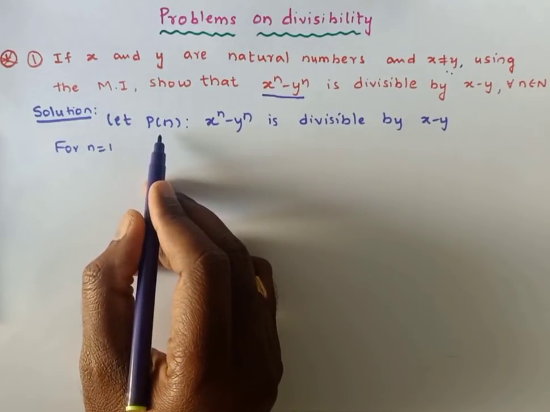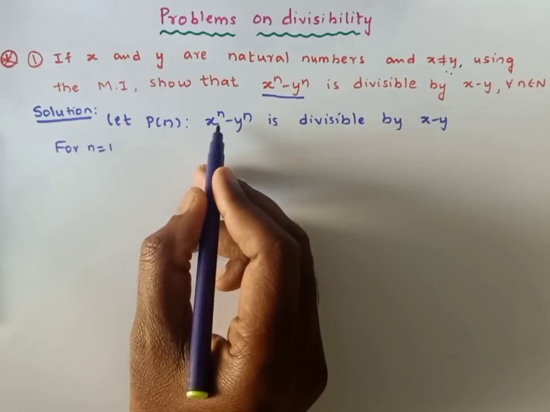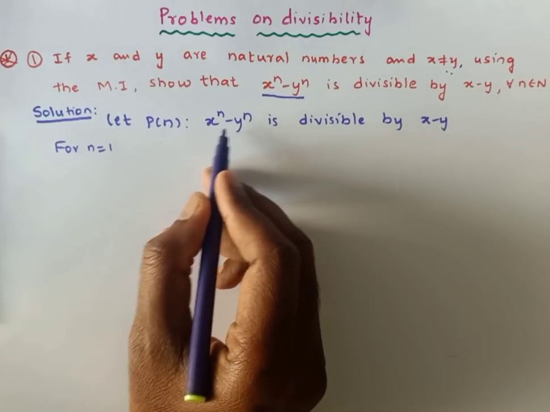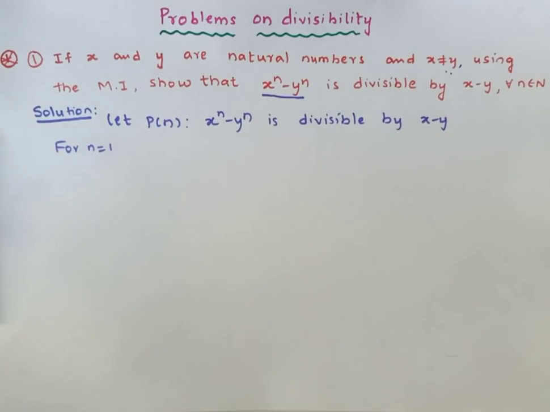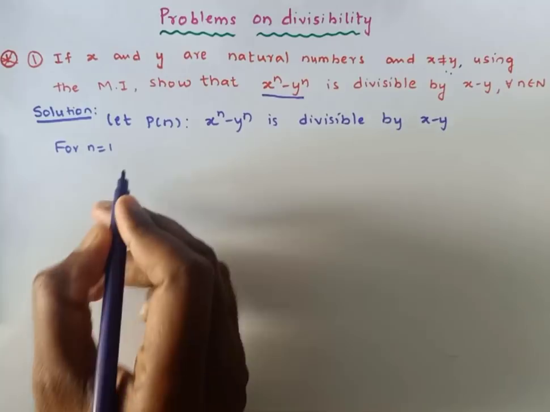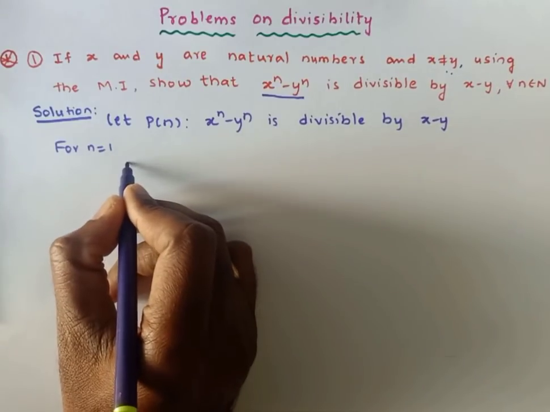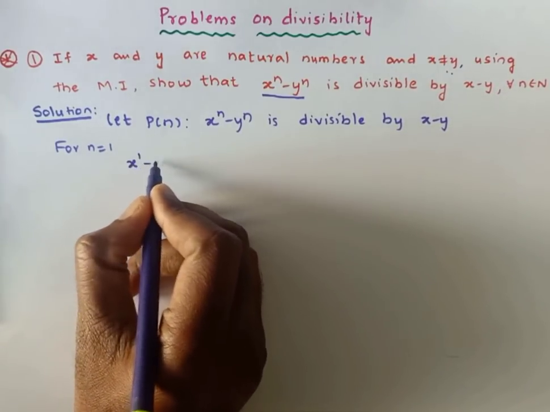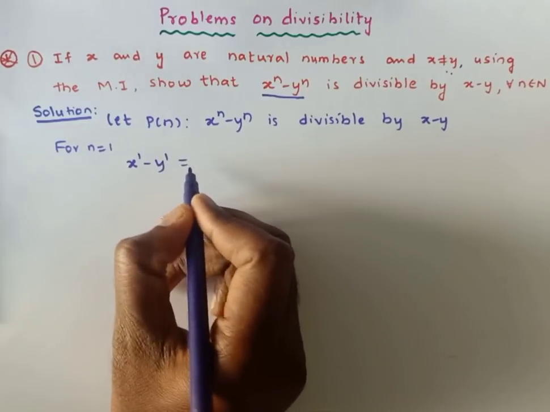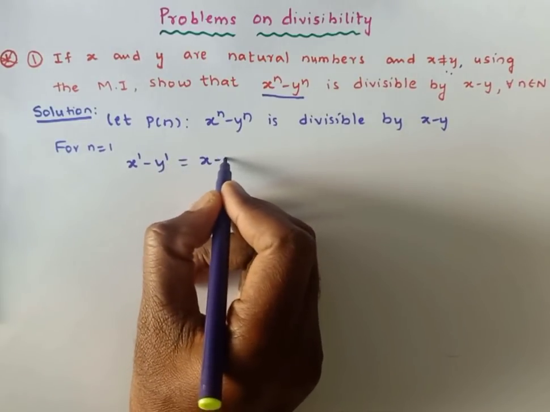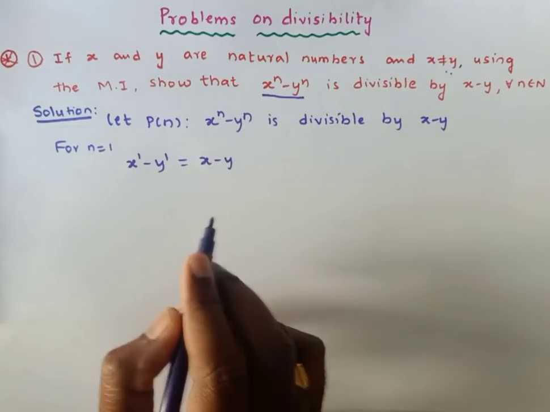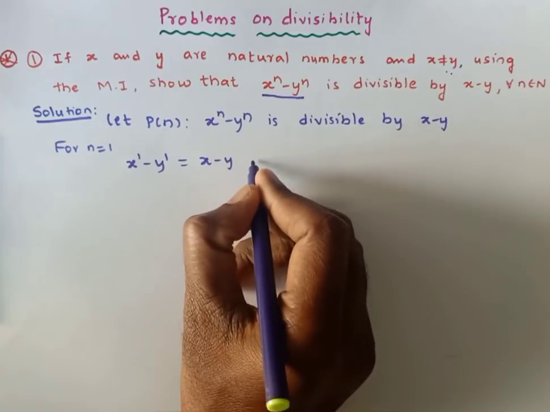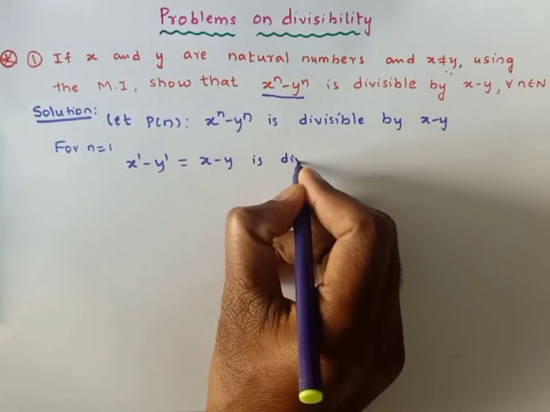So that means p of 1. Here you need to check whether x to the power 1 minus y to the power 1 is divisible by x minus y or not. For n equals 1, x to the power 1 minus y to the power 1 means x minus y. So x minus y is obviously divisible by x minus y, right?